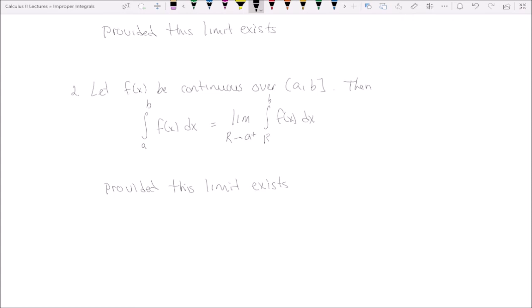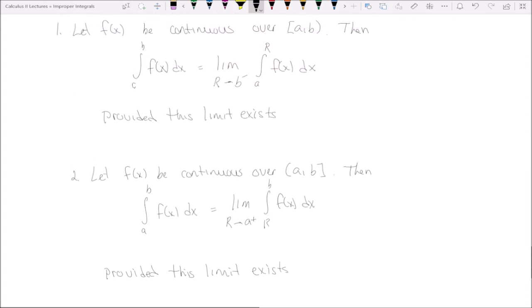Same as with the previous definition. If the limit exists, in either case, we say that the integral converges. If the limit does not exist, we say that the integral diverges.